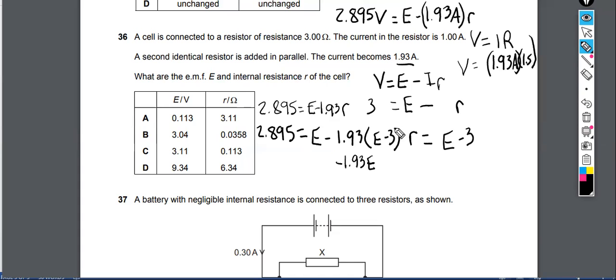Negative 1.93 times negative 3 is 5.79. So 1E minus 1.93E plus 5.79 is equal to 2.895.